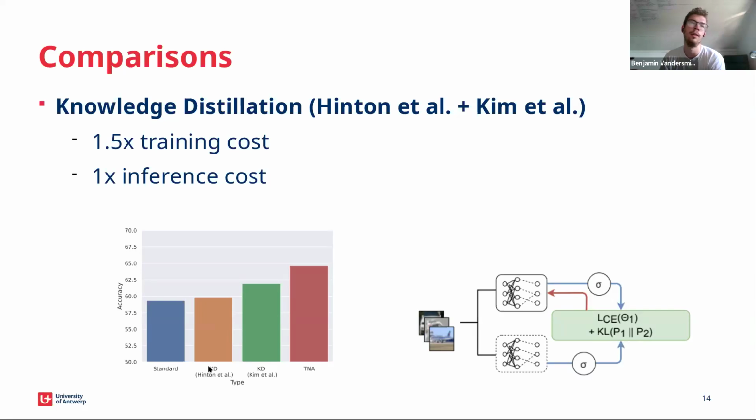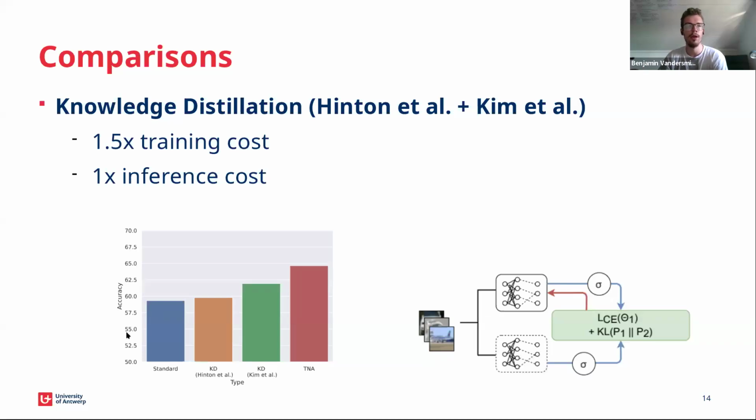Likely because also in this case, the teacher and the student model have a similar representation capacity. If we would use a stronger teacher model than the student model, we would see better gains, but that would be less comparable to our setting.